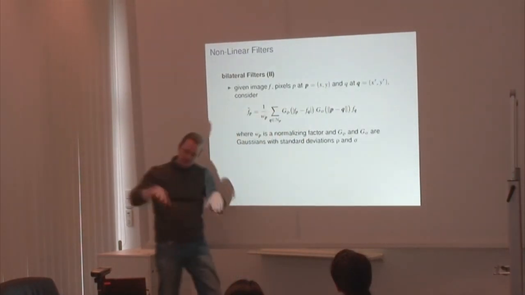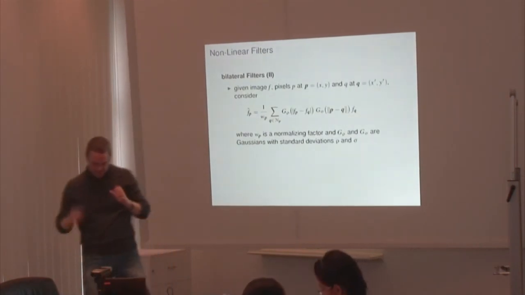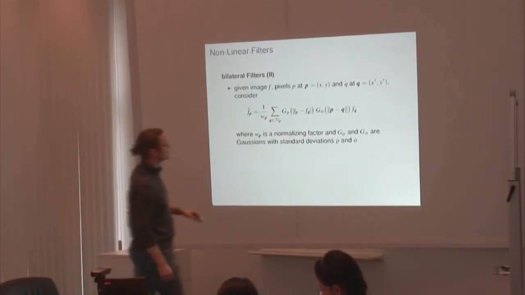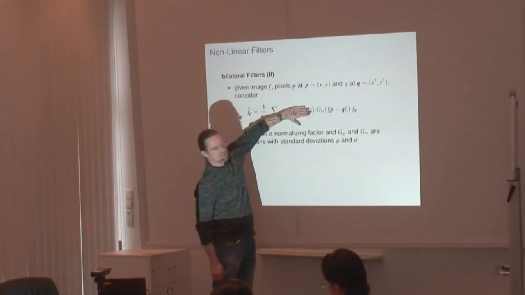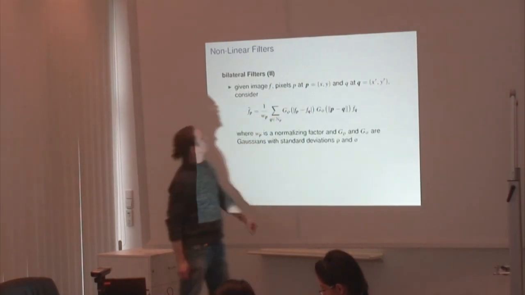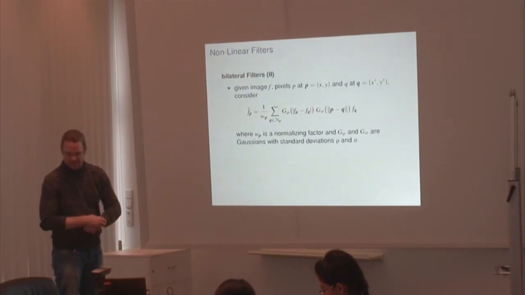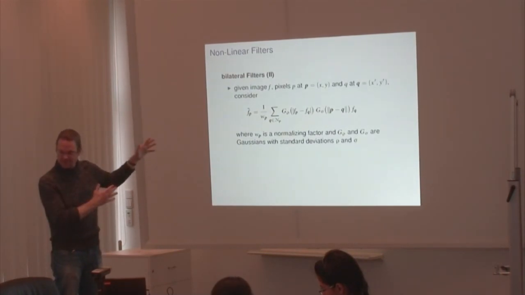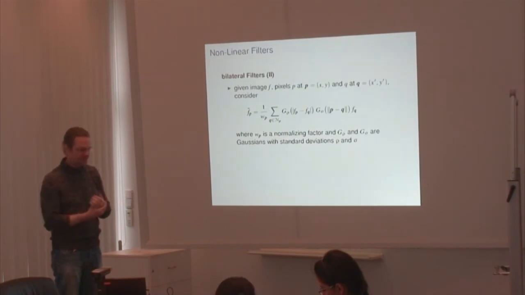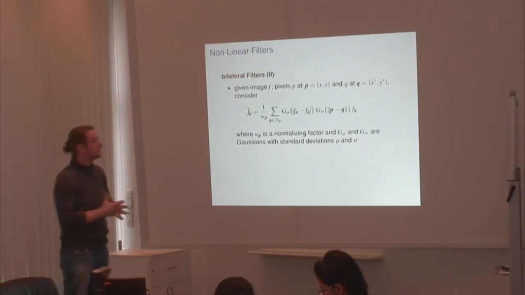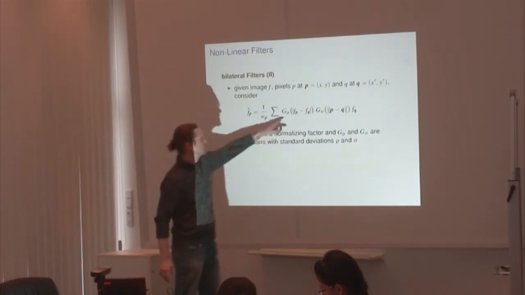If you sit down and meditate about this equation and mentally remove this factor, you see this is convolution. But the headline is nonlinear filtering. I would not have listed it here if it was a linear filter, and it is not. And this is because of this term here.